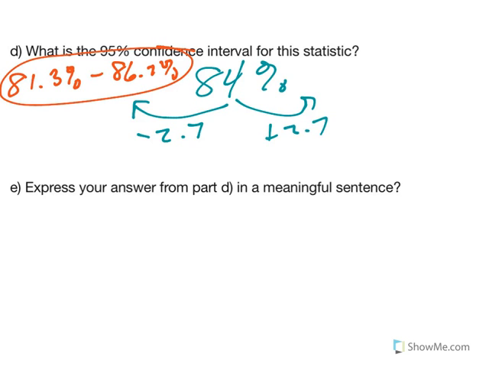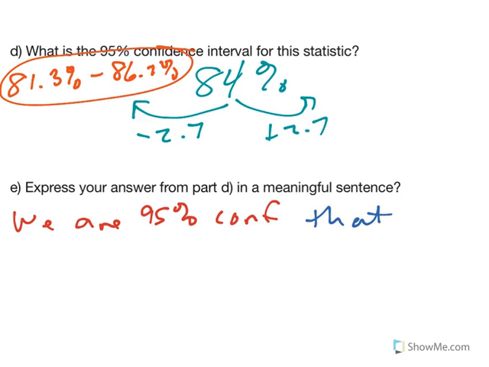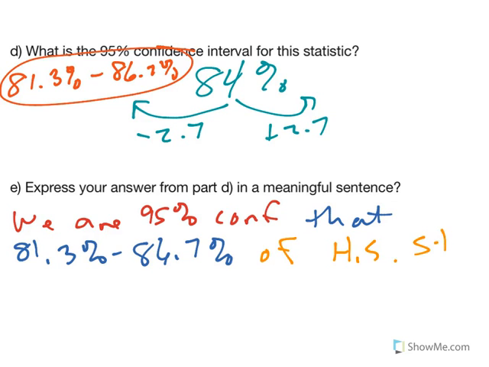And I can use that in my meaningful sentence in part E. So, going back to the concept I talked about in other videos, like Mad Libs. We are 95% confident that 81.3% to 86.7% of who? Of high school students.